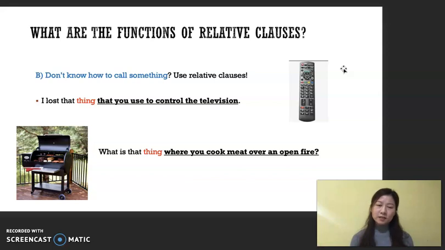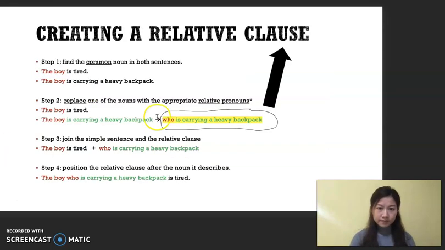Therefore, you learn a new word. Another example, the same thing. What is that thing where you cook meat over an open fire? So what's your answer? Oh, a grill right here. So that's the second function.